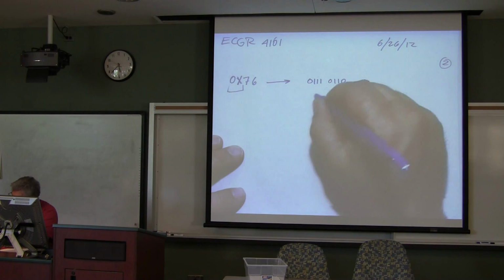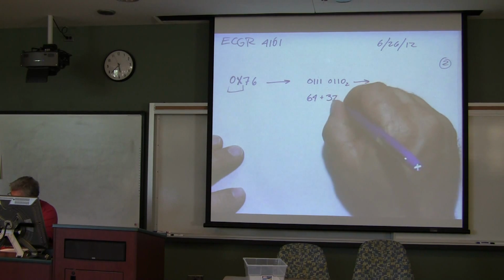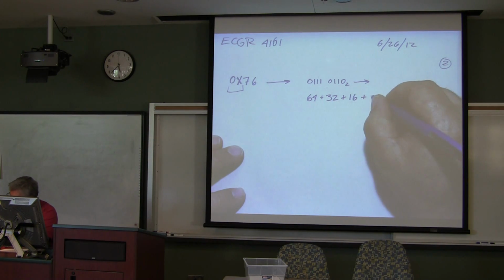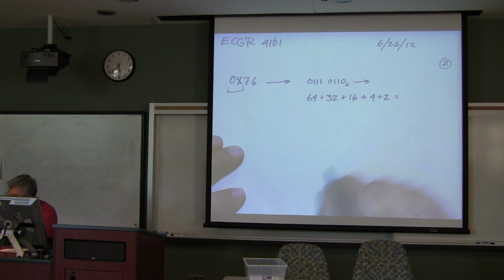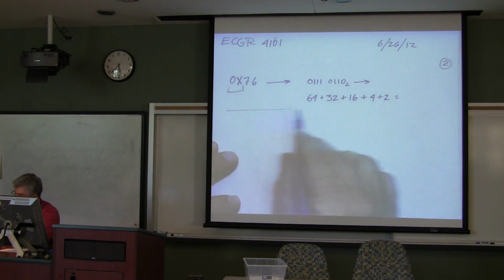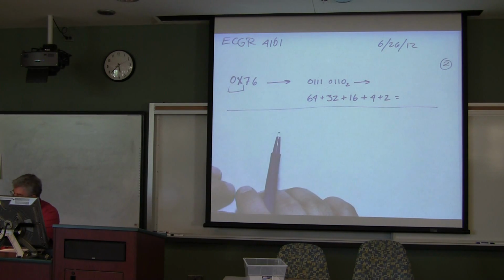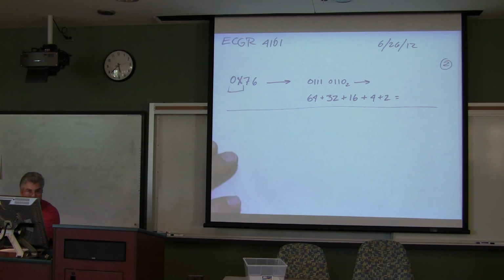Base 2, so this is equivalent to decimal 64 plus decimal 32 plus decimal 16 plus decimal 4 plus decimal 2, which is equal to some number, which you'll do in our commercial break.